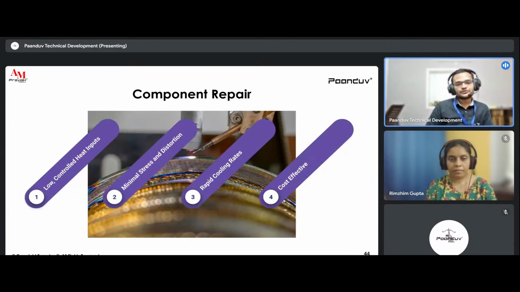Direct energy deposition processes are also used for component repair because the heat inputs are lower and controlled. Due to that, the distortions and stresses are minimal inside the repaired component. Also, the cooling rates are quite significant in direct energy deposition processes, and they are cost effective, which makes them a good choice for repairing the components.